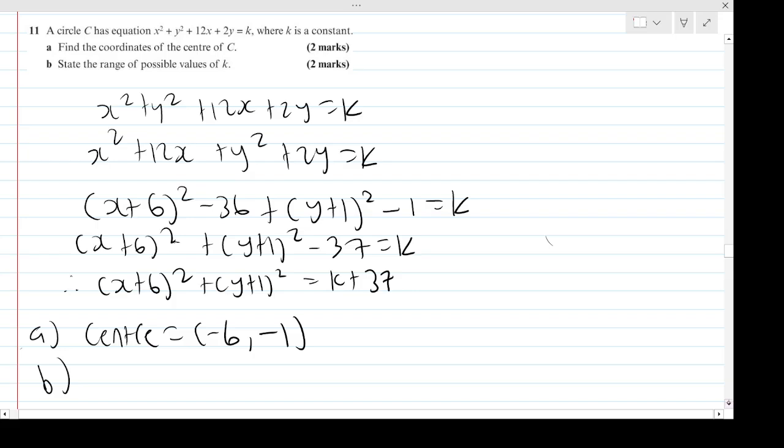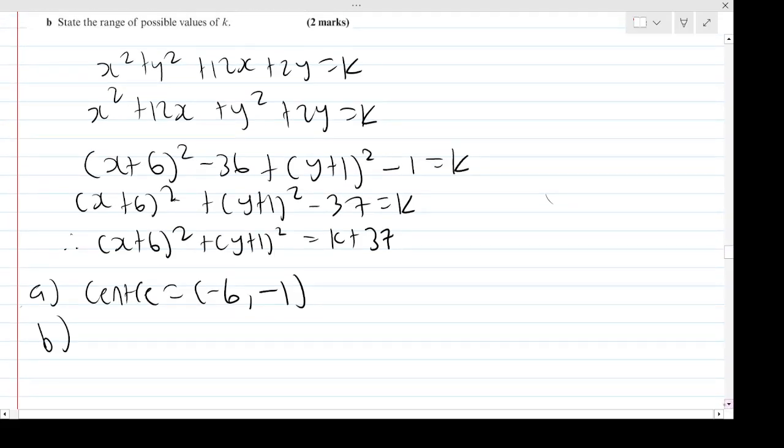Then part B says, state the range of possible values of k. Okay, interesting. Seeing that for the first time might throw you off, but hopefully it makes sense because it's fairly simple. Well, this is a radius, isn't it? It's radius squared, but the whole idea is that a radius is a length. It's a physical thing, right?